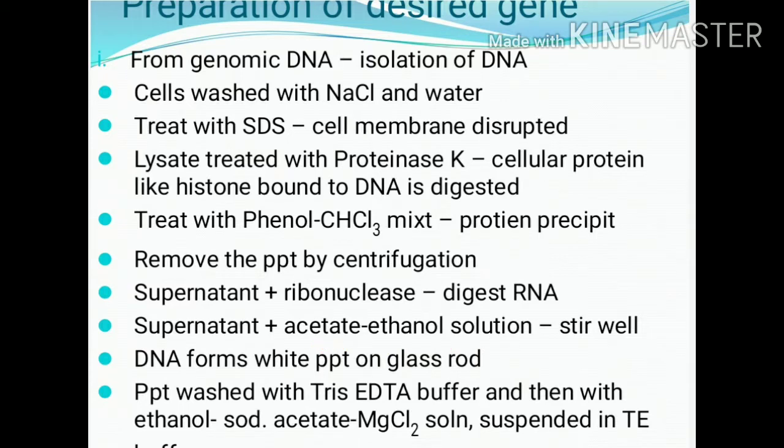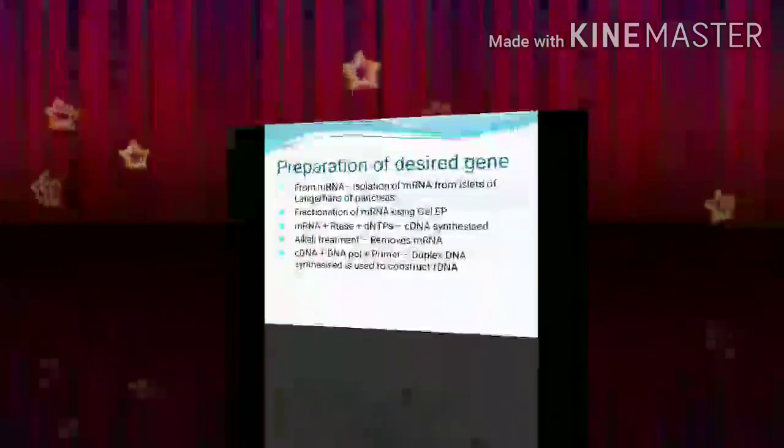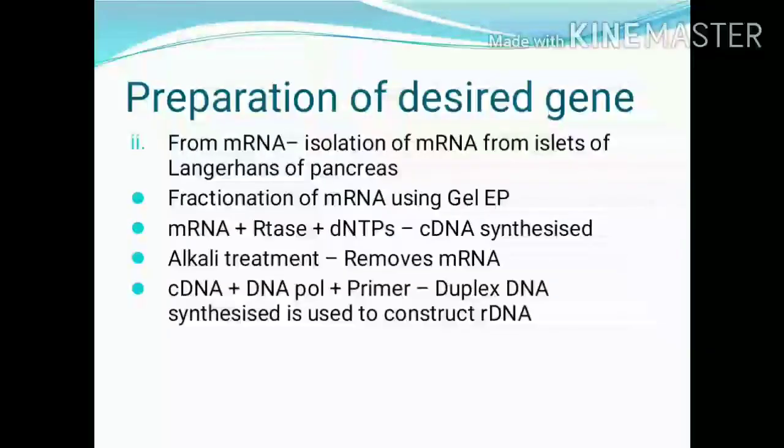When stirred well with a glass rod, DNA forms a white precipitate. The precipitate is washed with tris EDTA buffer and then with ethanol, sodium acetate, magnesium chloride solution and suspended in TE buffer. The second method of obtaining the desired gene is from mRNA.